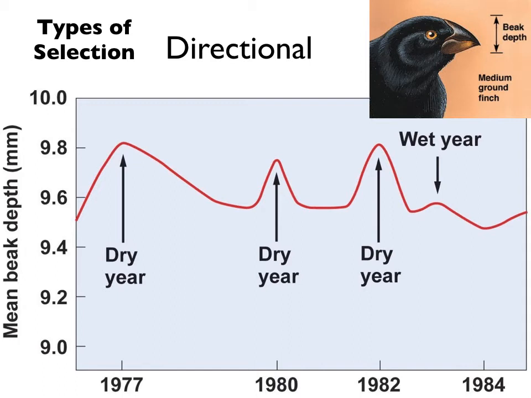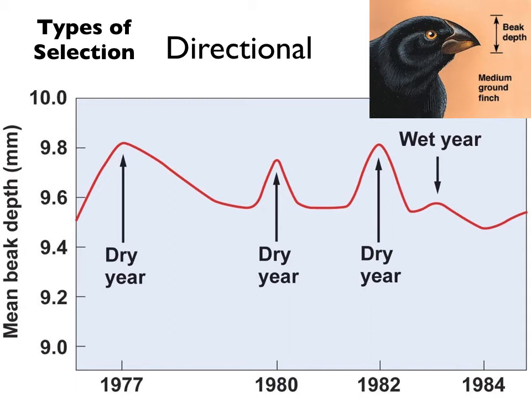And what you'll see here in this graph is a really interesting observation that some researchers made over a few decades of observation. The phenotype of the population, their beak depth, changed over time in response to changes in the environment.